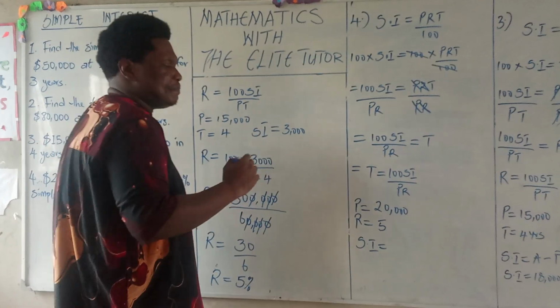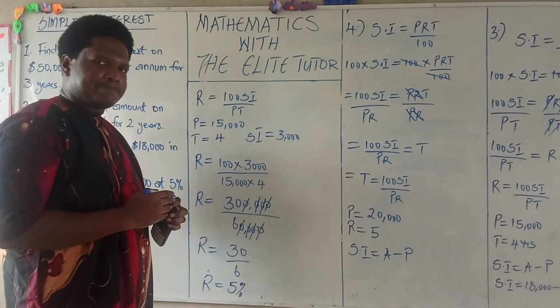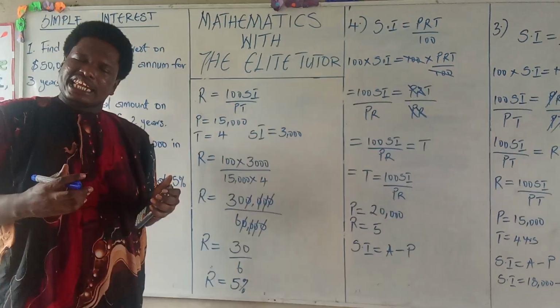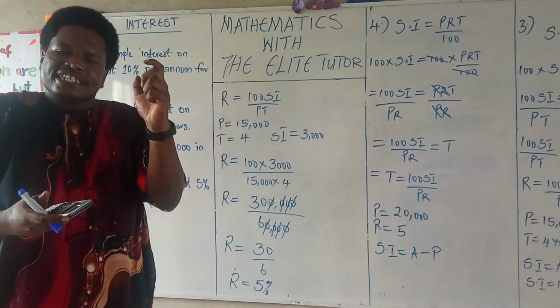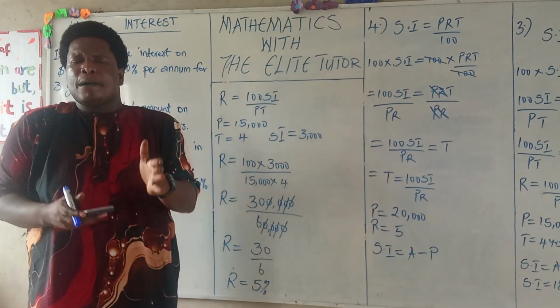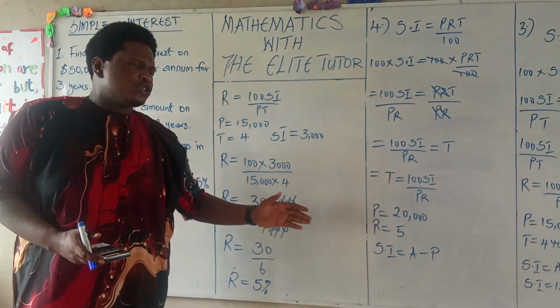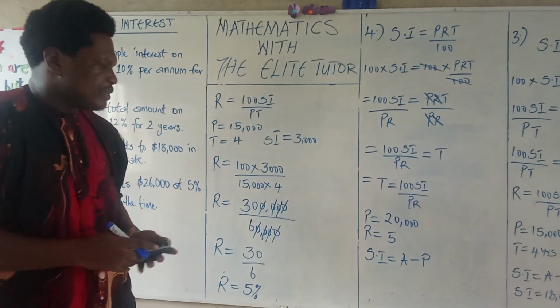Like I said earlier, the simple interest is amount minus principal. Why is it like that? Because your amount comprises your simple interest and your principal. What we mean is amount is equal to principal plus simple interest. So in order for you to ascertain the simple interest, it is the difference between the amount and the principal.